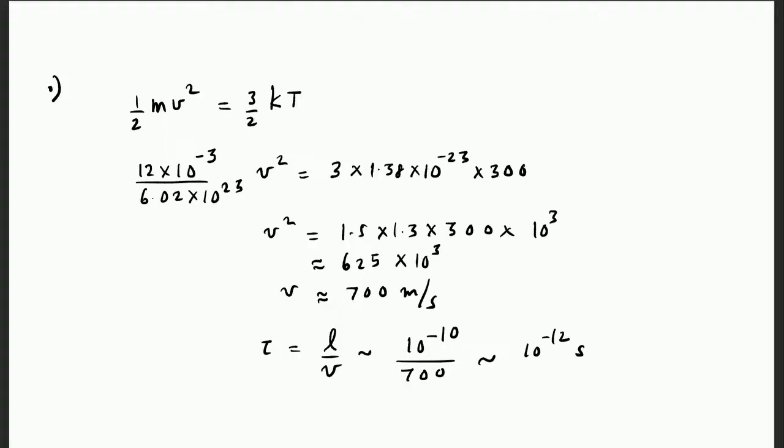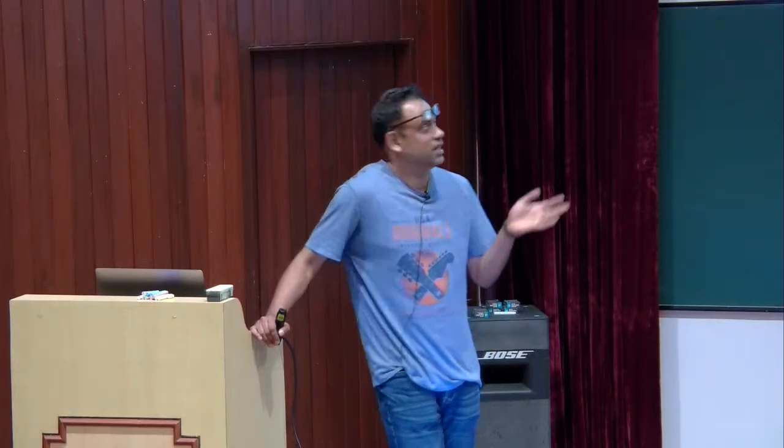So the speed is quite high, but even though the speed is this high, does it mean that this atom is reaching there and back in 1 second? The speed may be 700 meters per second, but it undergoes many collisions in between.